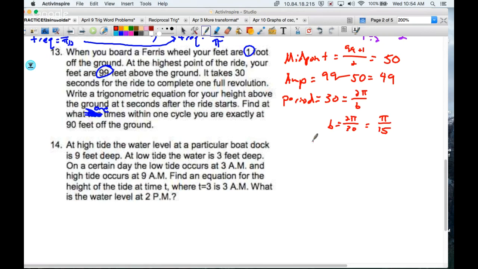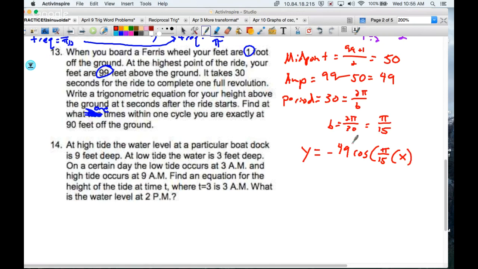And when you board, you're at a minimum. So here's an idea. Let's just take cosine and we'll flip it so that instead of starting at a peak, it starts at a low point, giving us the final equation of y equals negative 49, that's our amplitude, cosine of pi over 15 x.